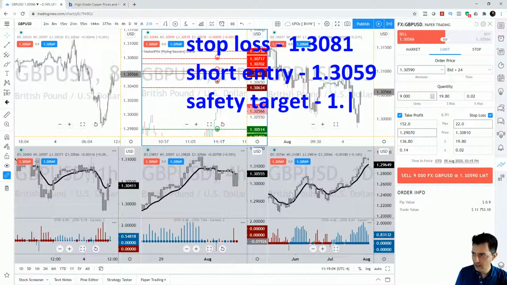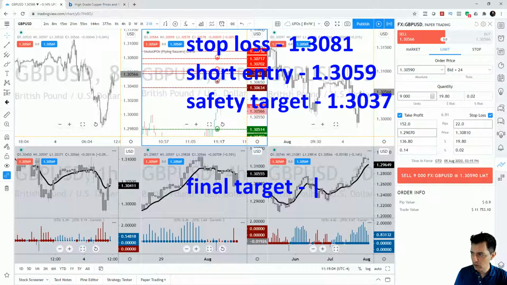So we take 130.81 and remove 22 pips, and that would be 130.59 if I did the math correctly. I believe so. And then the final target will be located all the way at 129.07, as we said and wrote in the order panel. Okay, so this is your trade. I'm just going to leave it there a second or two so you can take a screenshot.